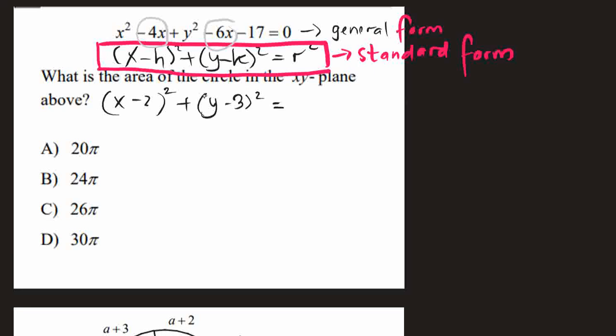Now we move the 17 to the right, and as the result, when we expand this, we actually get the extra x squared minus 4x plus 4. So there's an additional 4, so we have to put 4 in here.